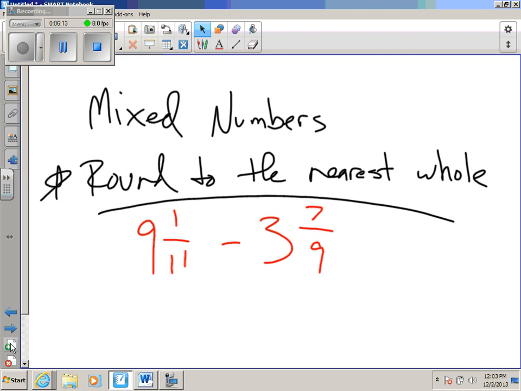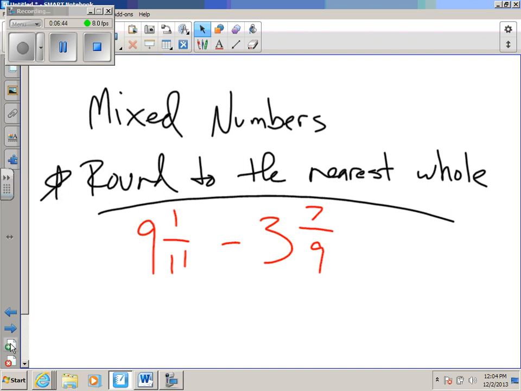Now, what's the magic number when you round using decimals or you round just regular integers? Yeah, 5. But you're not going to have a 5. You're going to have a fraction. What fraction best represents 5? No, not.